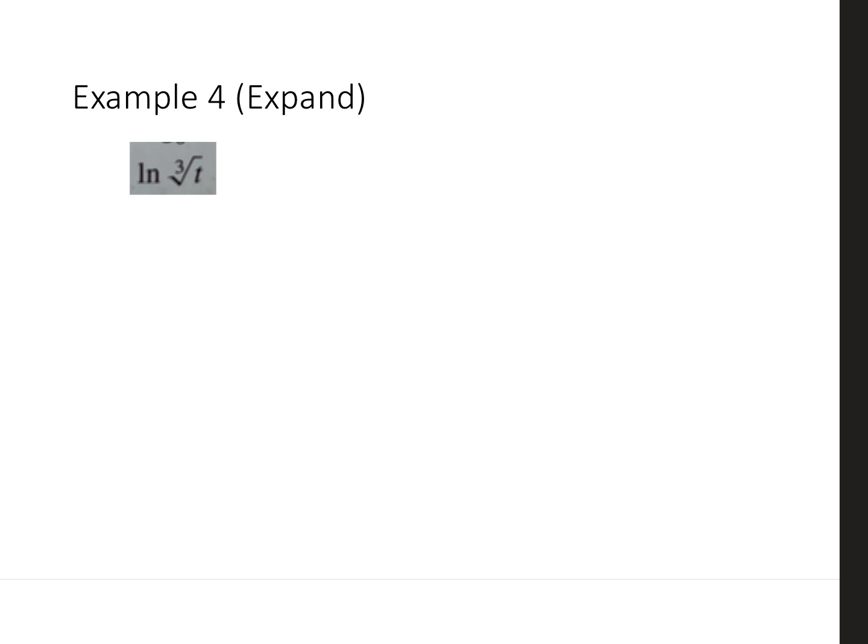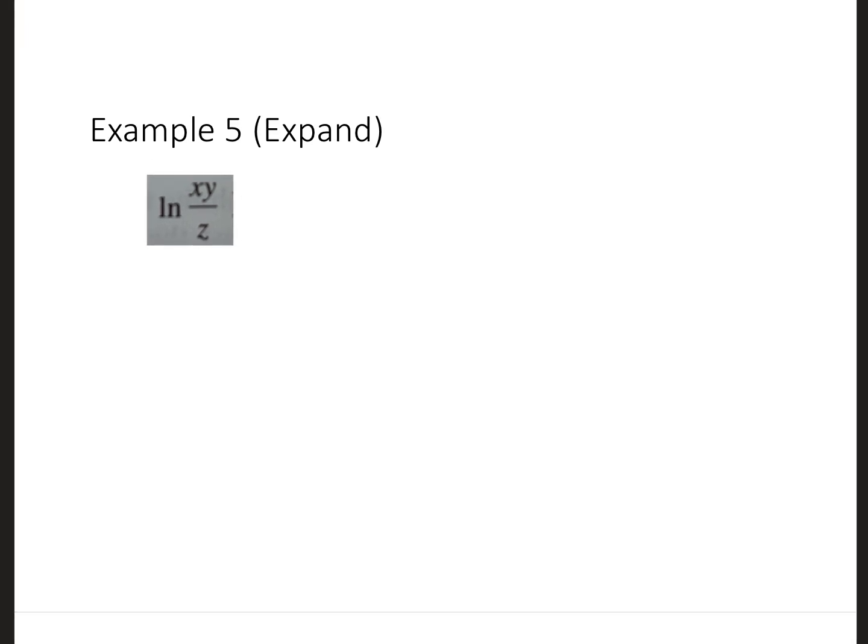On this next one, I'm going to rewrite this, taking it out of radical form and writing it in exponential form, as 1/3. Then I'm going to use that exact same rule that I used on the last example, taking that exponent and putting it out in front of the log. And that is considered to be expanded.